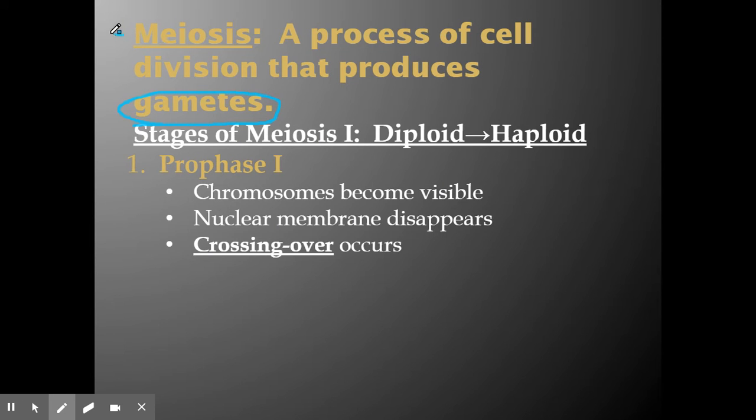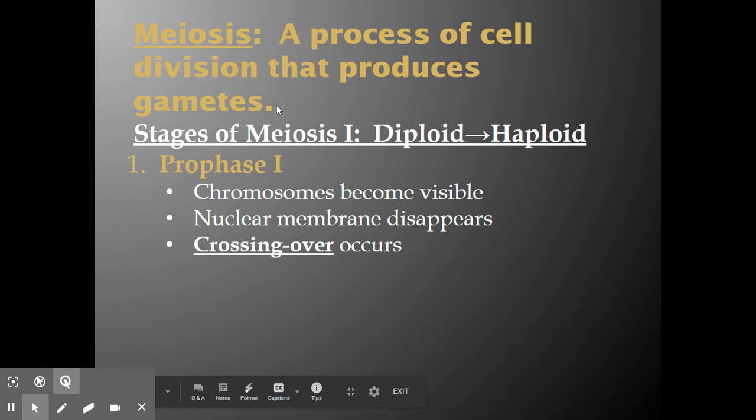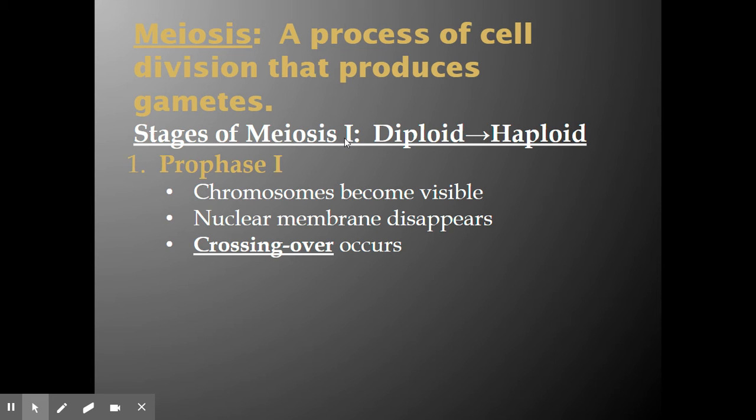That's the whole reason why we're doing meiosis, is to create gametes and not autosomal or body cells. Okay. Meiosis is broken up into stages for meiosis 1 and meiosis 2. So meiosis 1 is where we go from a diploid cell to a haploid cell.